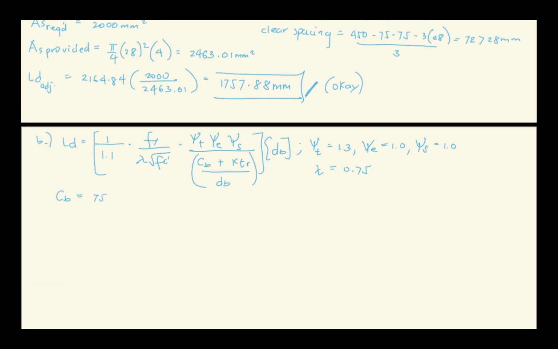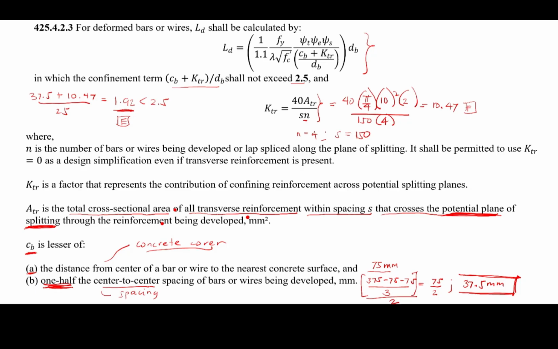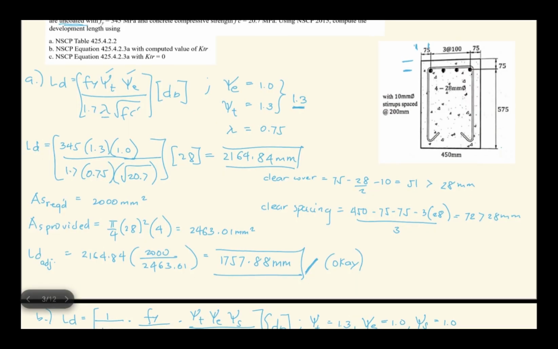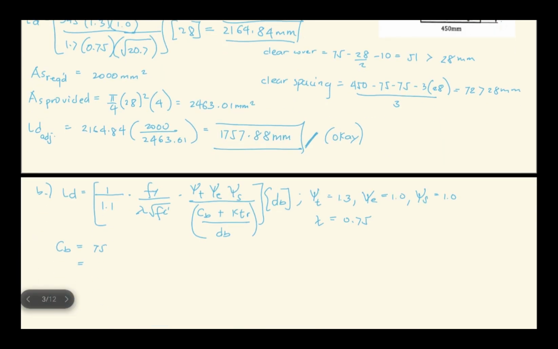The other criterion is about the center to center spacing, actually the half of that. In this case we'll have 450 minus 75 minus 75 divided by 3.